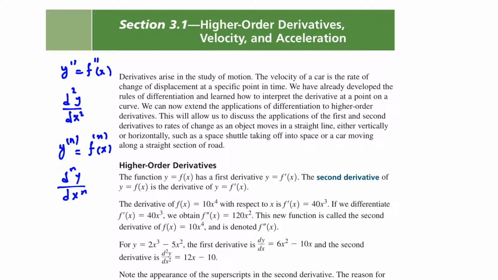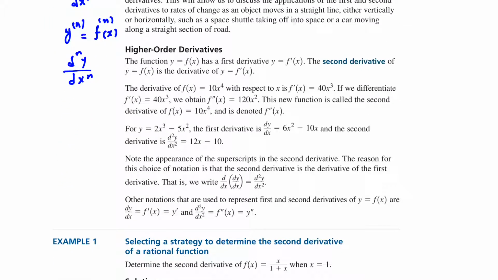To find the second derivative, you find the derivative and then take the derivative of the derivative. For example, the derivative of y equals 2x3 minus 5x2 is 6x2 minus 10x. The derivative of 6x2 minus 10x, which is the second derivative of the function, is 12x minus 10.